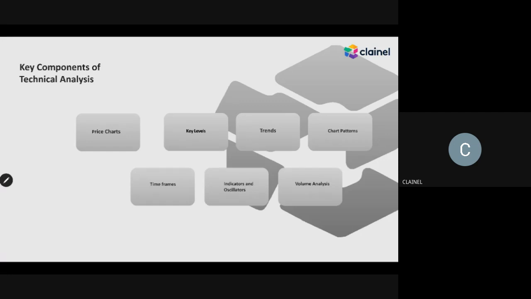Some people actually specialize in trading chart patterns, and until they see that chart pattern they don't enter any trade. So in technical analysis, you have to get your edge, whereby you find what works for you. Support and key level traders know how they make their money. Trend traders know how to make their money. Chart pattern traders know how they make their money.